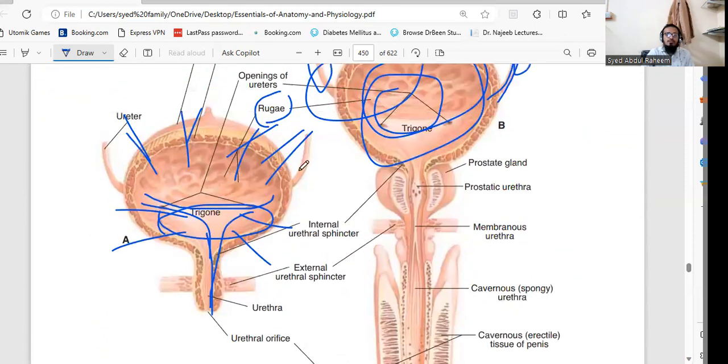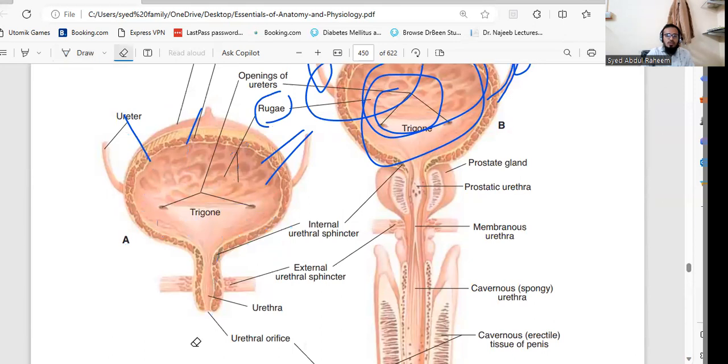So we have to understand that in this urinary bladder we have an internal sphincter, and here we have the external sphincter. The internal one is involuntary, not in our control. So whenever the bladder is full, it will allow the urine to flow. But here we have the external sphincter.